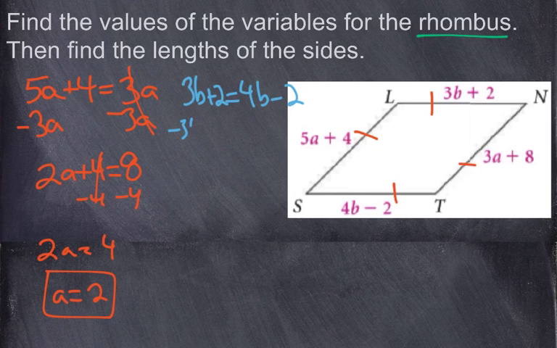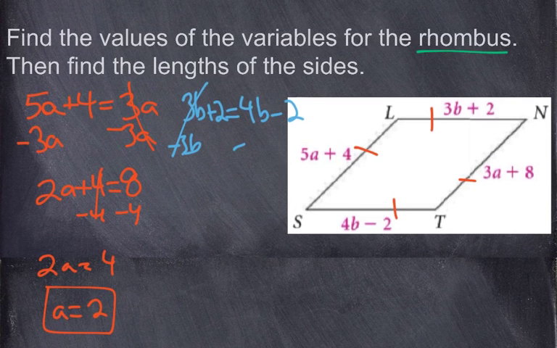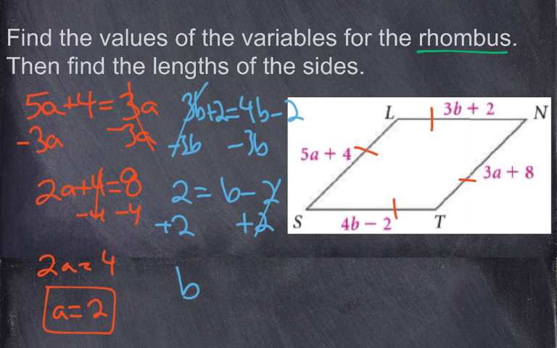So I'm going to go ahead and subtract 3b from both sides because I want to get, again, the b's to one side. So that gives me 2 is equal to 1b minus 2. Therefore, I add this 2 over. b has to equal 4.